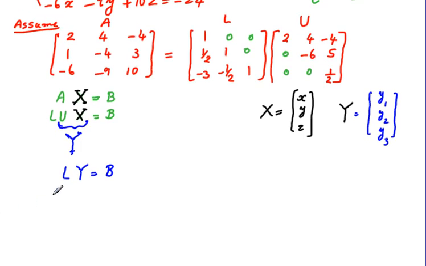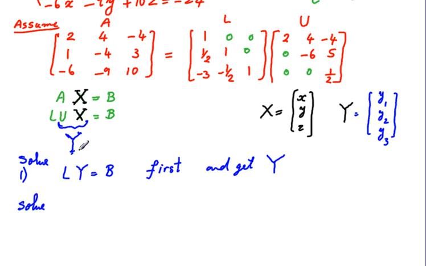What is the strategy? Strategy is solve LY equal to B first and get this vector Y. Well, what do you do with that? Stage 2, well, what was Y?